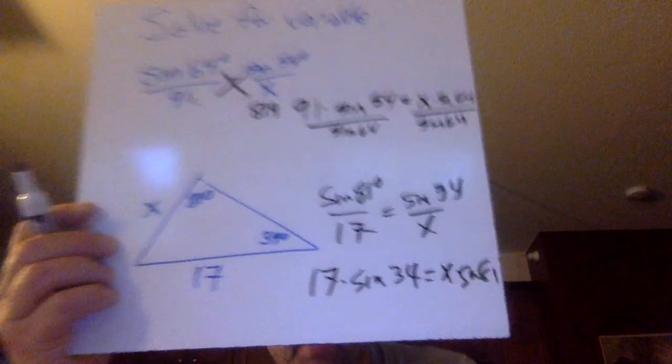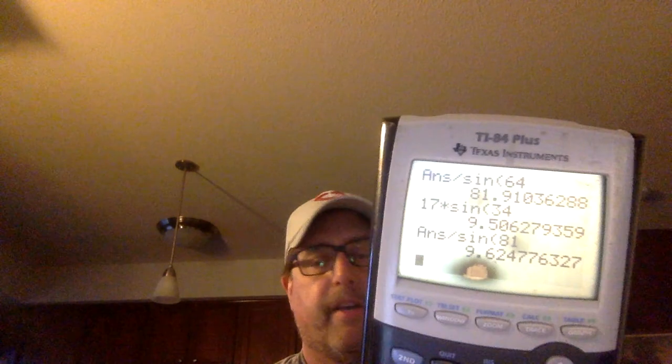Now I do cross products. 17 times the sine of 34 is x times the sine of 81. I will divide by the sine of 81. 17 times sine of 34 divided by the sine of 81, and I get a value of about 9.6.